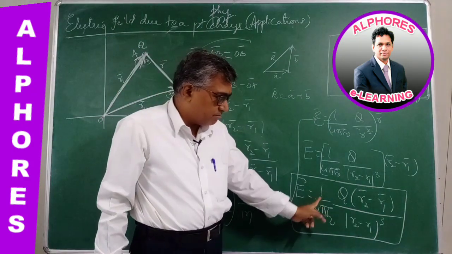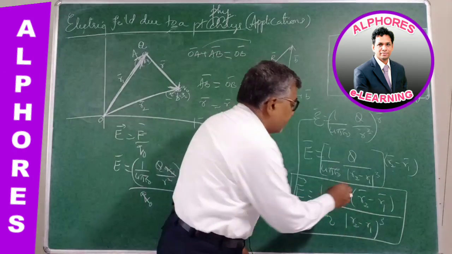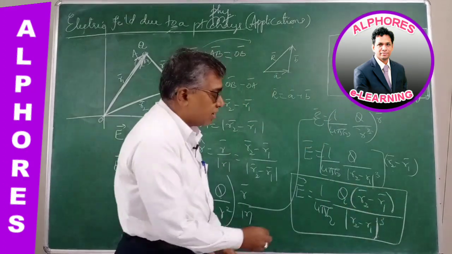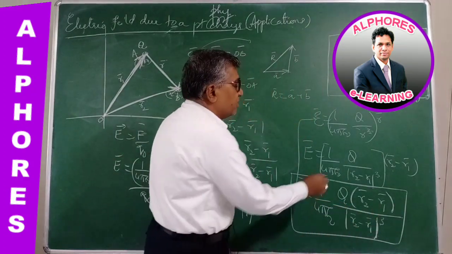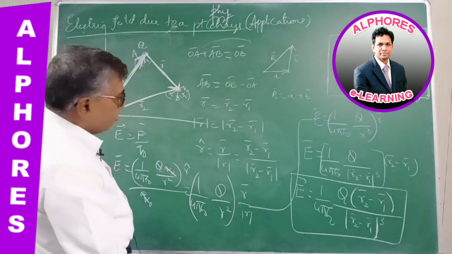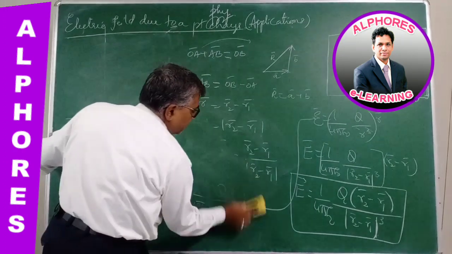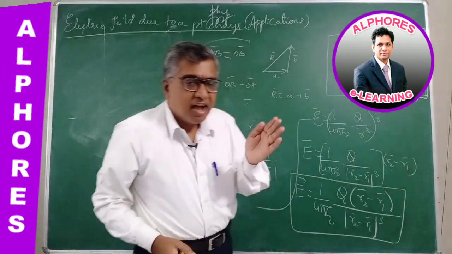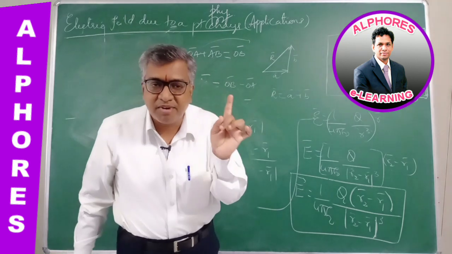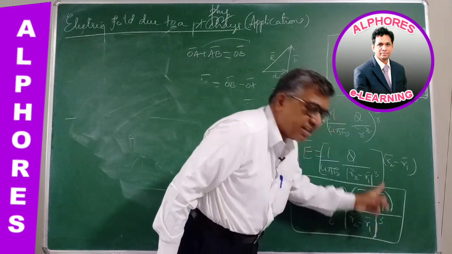Then E bar is 1 by 4 pi epsilon naught capital Q times R2 bar minus R1 bar by mod of R2 bar minus R1 bar whole cube. This is the vector form of the electric field due to any charge at any point in the Cartesian plane. If we know the position vectors, let the first point R1 have coordinates x1, y1, z1, so R1 bar is x1i plus y1j plus z1k.